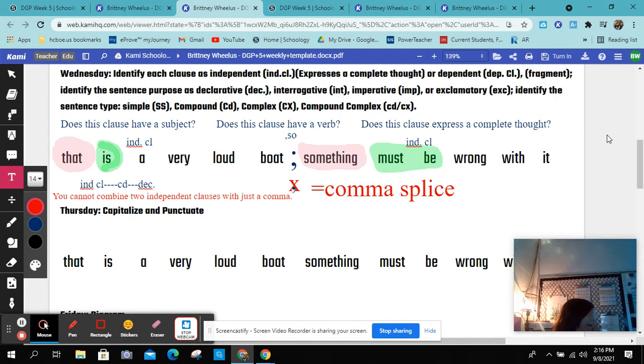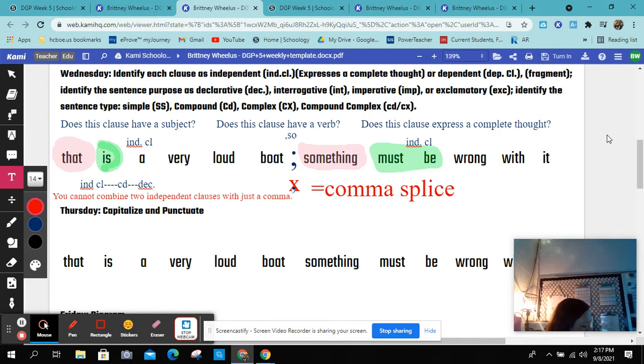and you need to look for a word in the predicate that goes back to describe the subject. What describes that? Boat. Is a boat an adjective or a noun? Noun. So that is a predicate noun. No, it can't be an adjective if it's a noun.